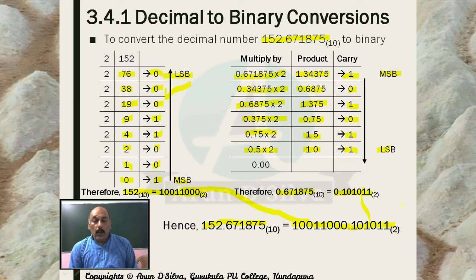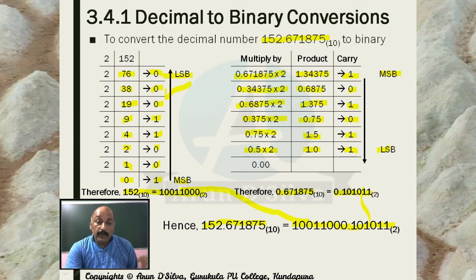Okay. One point to note down, my dear students. When you take the integer part, you will perfectly get 0 at the end. But in the case of the fraction part, sometimes you may not get 0. It does not end with 0; it repeats. So there are chances of repetition.